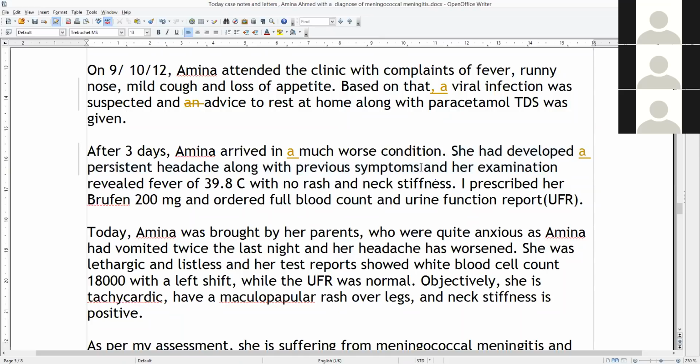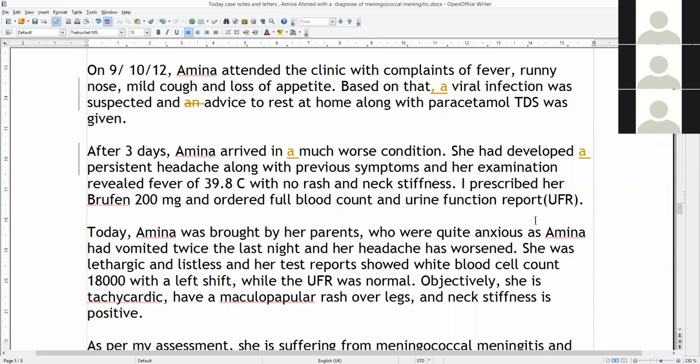So to make this crystal clear, I would have put previous symptoms here. Amina presented or came with her mother. Her previous symptoms were much worse, so mention the previous symptoms first, right?